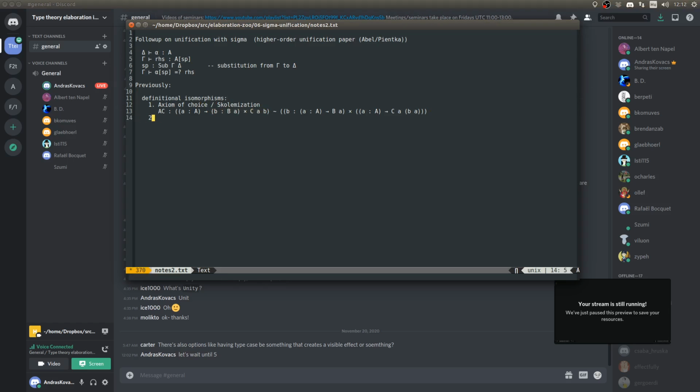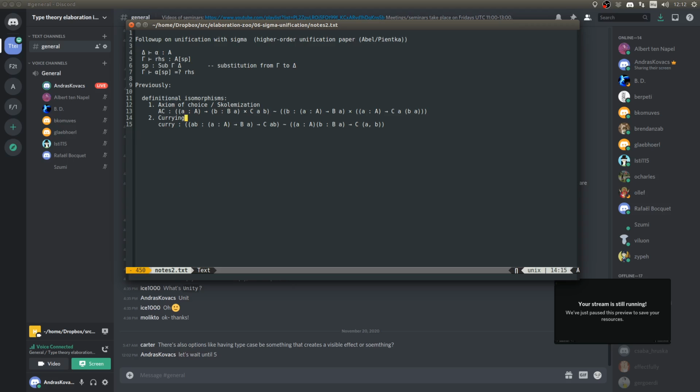So we have this axiom of choice, and we also have currying, which is that if I have a function which goes from a sigma, from an A, B a to some C of a, b, then it's the same thing as having a function which goes from a in A to b in B a to C of a, b.